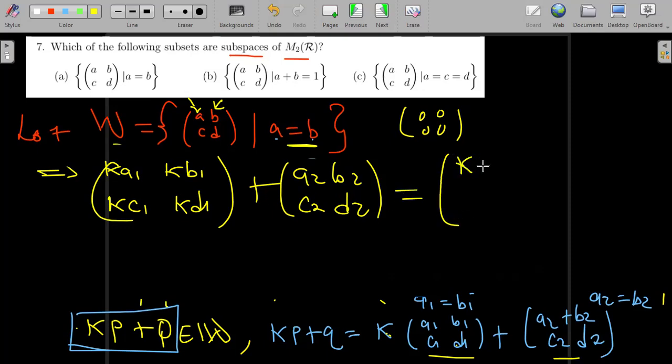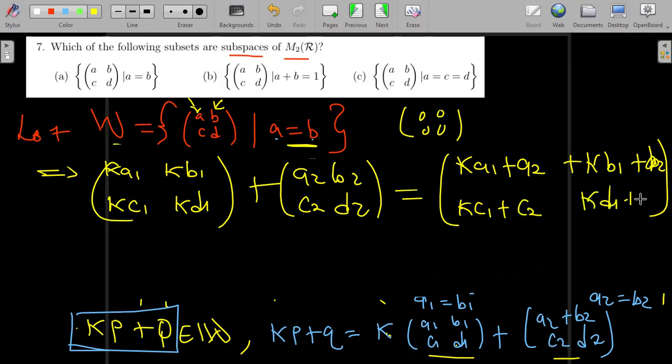We're going to get K(A1 plus A2), K(B1 plus B2), K(C1 plus C2), and K(D1 plus D2). So that is what we have.